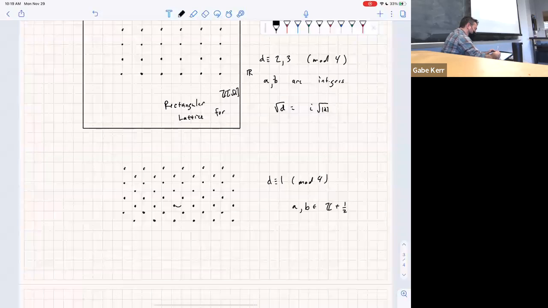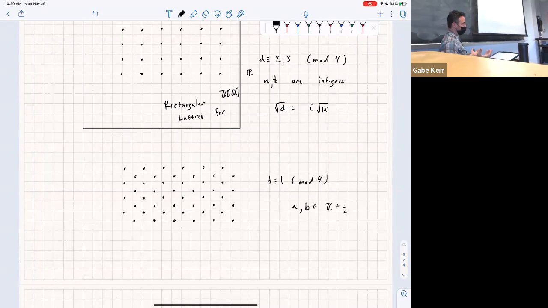We're kind of moving up halfway. So he calls this an isosceles triangle kind of. These are the two pictures. So indeed we do get lattices for the rings of integers, and studying those lattices can be used in tandem with studying the arithmetic of these rings. That's what we'll do.